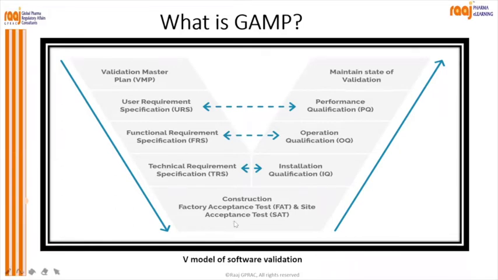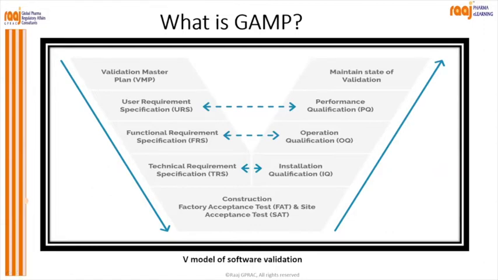Suppose you have developed a product or software, which has to be tested first in your factory before you install it at the manufacturing site. When it is in the last stage of the design phase, it has to be tested, correct? That is called the factory acceptance test.